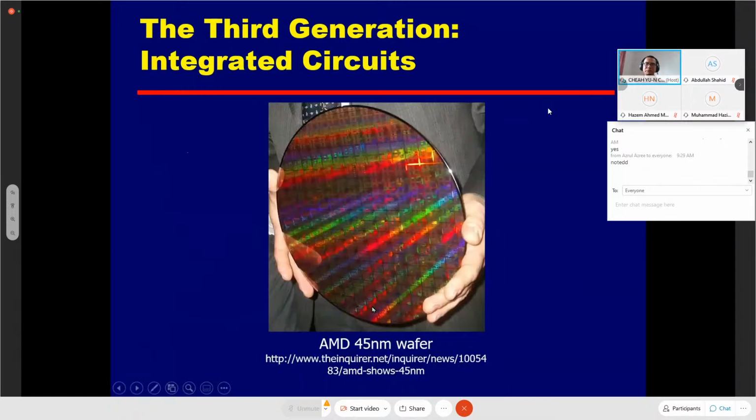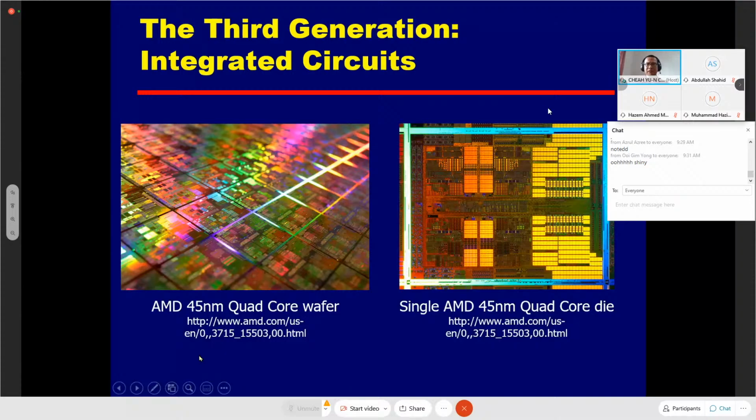Basically it looks something like this. This is an example of the AMD 45 nanometer wafer. If you notice, there are little squares on it, so that refers to each chip. Again, this is a zoomed in image.